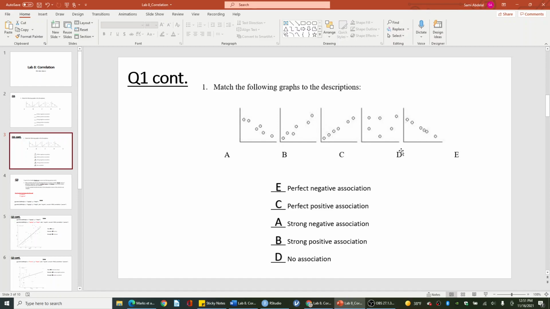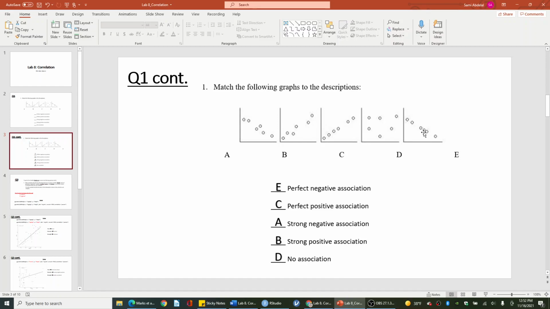The strength, it's a perfect negative association because look at how these data points line up together around the mean, as opposed to A, for example, which has a strong negative association. And then the direction as well. So it's negative because one variable is increasing while the other is decreasing.